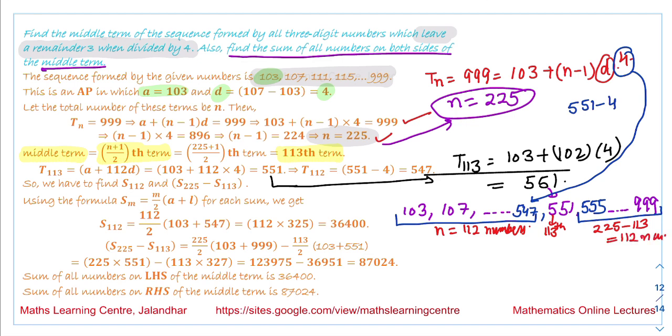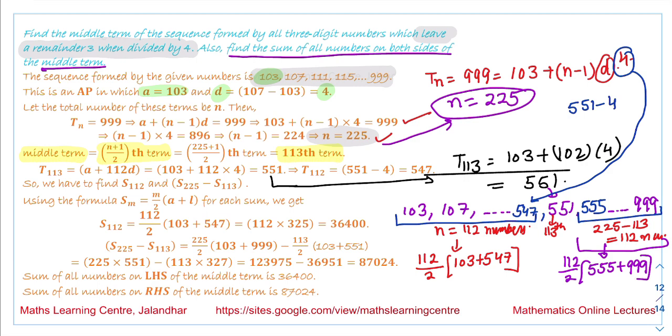To calculate the sum of these numbers, the formula is 112 by 2 into 103 plus 547. And the sum of the other numbers will be 112 by 2 into 555 plus 999.